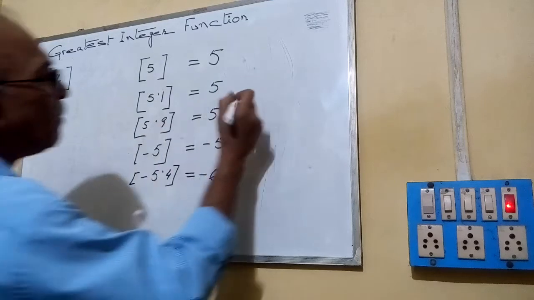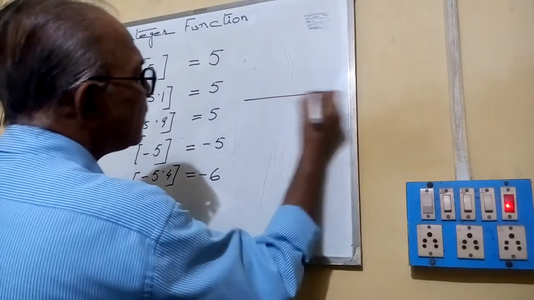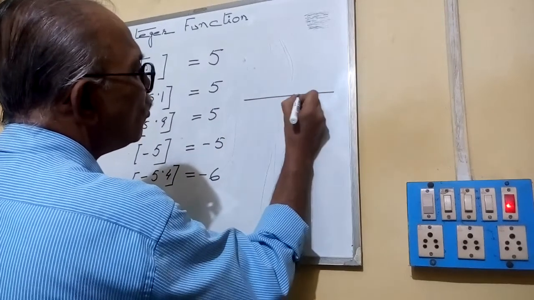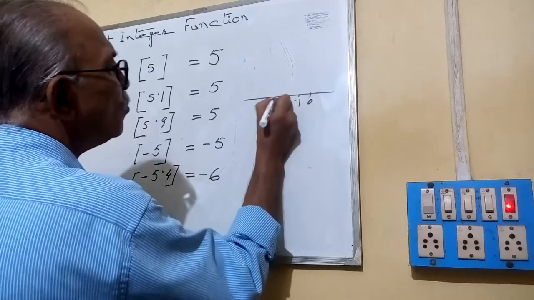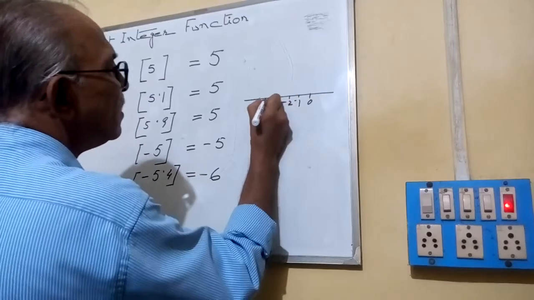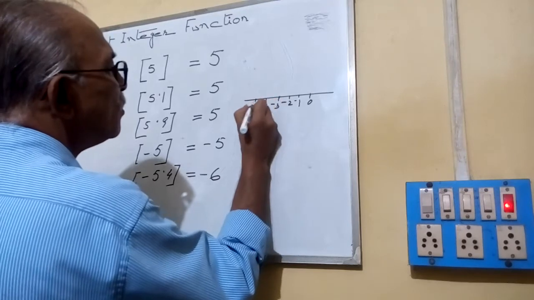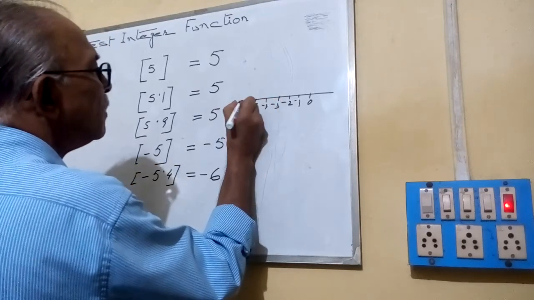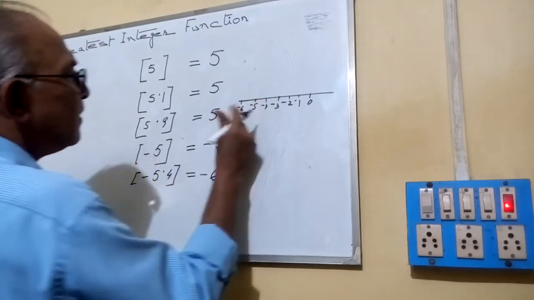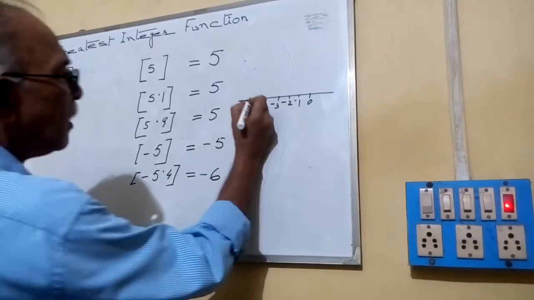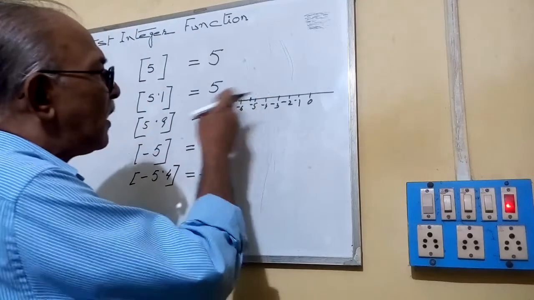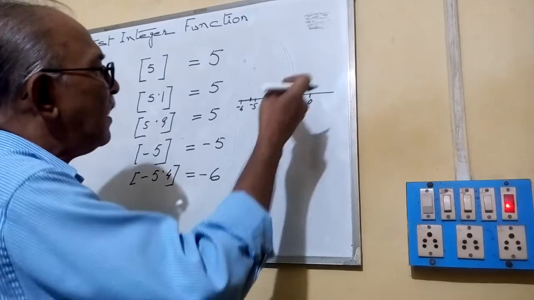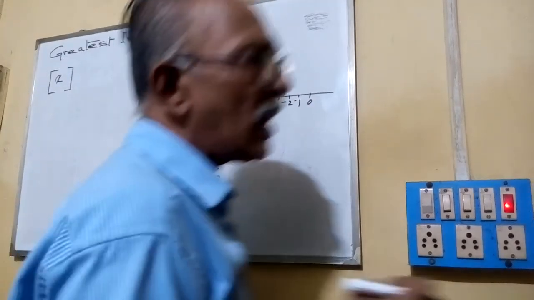This minus 5 actually is annoying. Suppose we have 0, minus 1, minus 2, minus 3, minus 4, minus 5, minus 6. This minus 5.4 is here, and on the right hand side it is greater, left hand side is smaller.